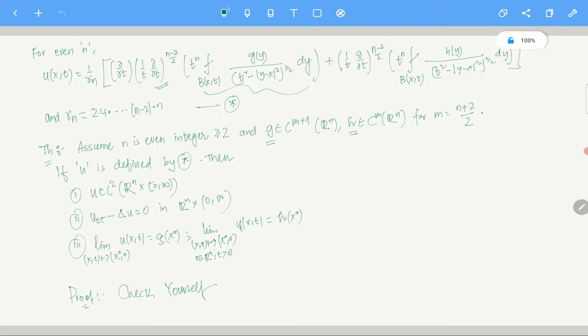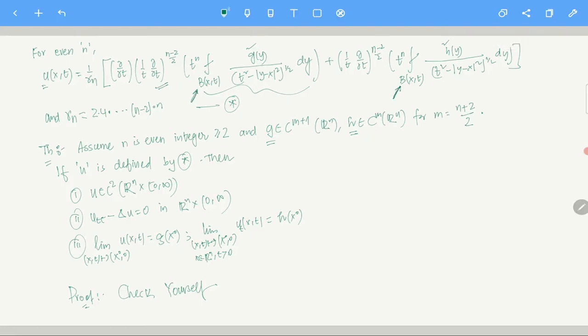You see the solution u depends of course on g and h. As in d'Alembert's formula also, we have seen the solution depends on g and h. But in even dimension, you have to know what g does in the whole ball B(x, t), and again what h does in the whole ball B(x, t).